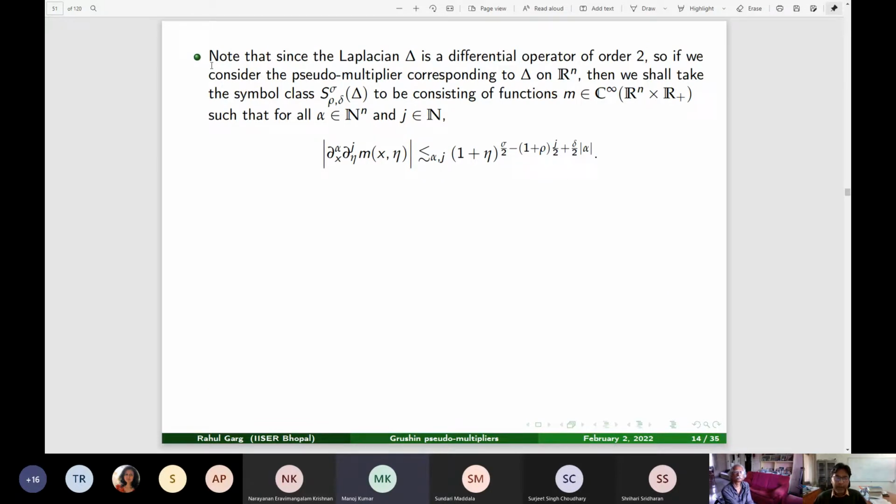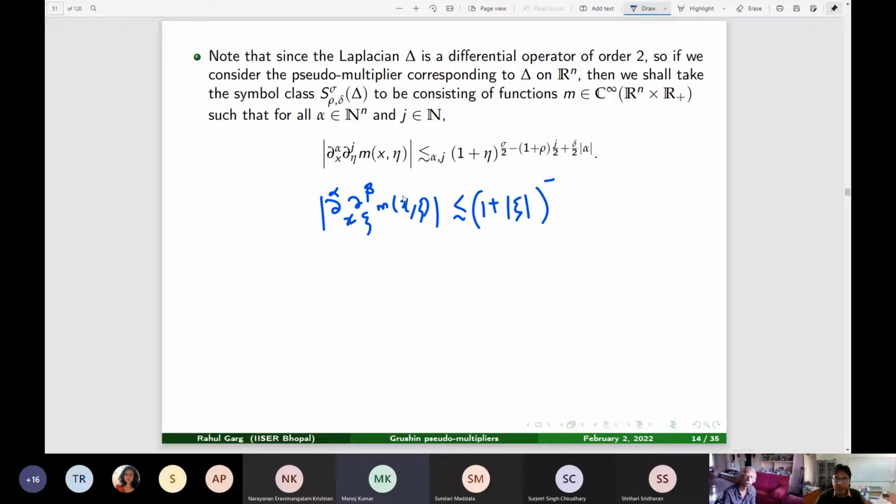So before defining the symbols for Hermite, let me make one observation. If you remember how we had defined 1 plus mod xi, let me leave sigma.